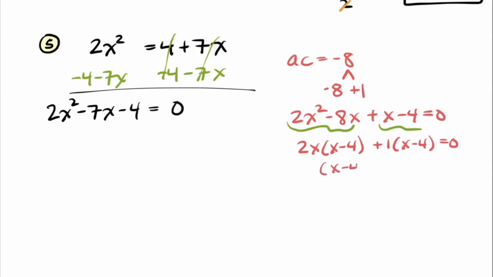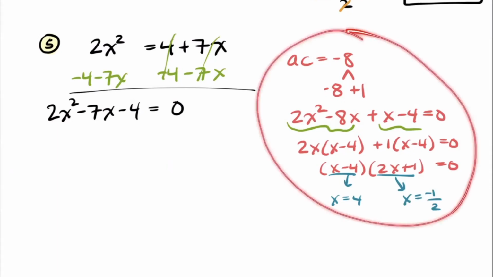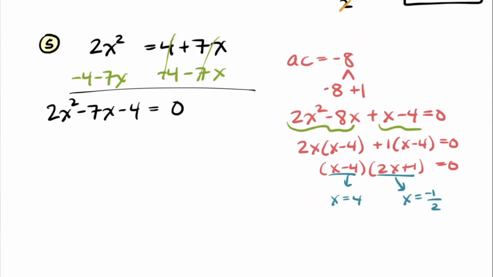Then we take out the x minus 4 and we're left with 2x plus 1. And we set each of these equal to 0. This gives us x equals 4. And this gives us x equals -1/2. And I know I went through that really quickly and didn't show a lot of work. You should try this on your own and fill in the gaps, just showing you that this is what we should also get with the quadratic formula.